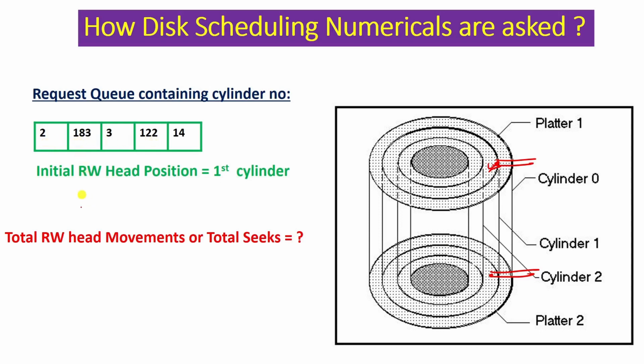So you have to tell how many times your read write head will have to move to complete all the requests inside the request queue. So total seeks means you have to see inside which track I have to move, and how many times this movement of the read write head will take place.